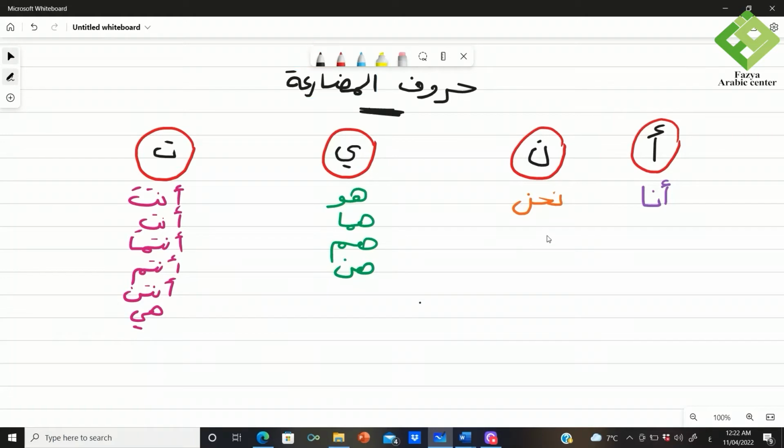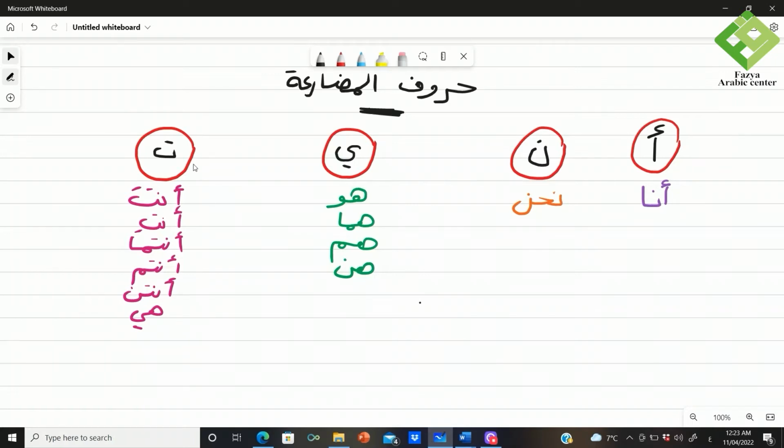And as you can see, I have put here all the pronouns that would have this specific letter at the beginning of its conjugation form. So أنا is the only possibility for a verb that starts with alif in the present tense. نحن is the only possibility for the noon. The ya has four possibilities, either huwa, huma, hum, or hunna, and the ta is going to be either anta, anti, antuma, antum, antunna, or hiya.